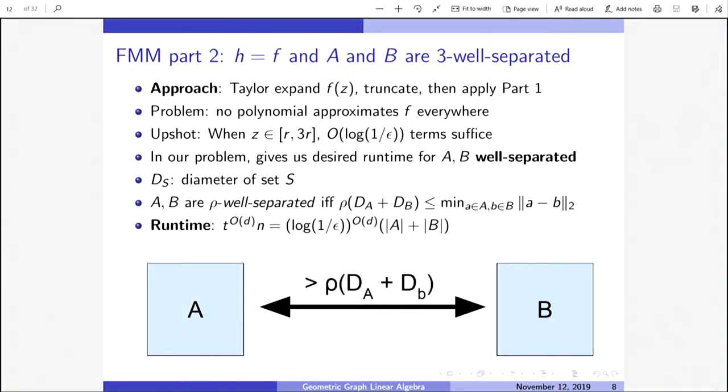Approximating f with a polynomial gives a good enough approximation. If this polynomial has degree log of 1 over epsilon, the runtime is log of 1 over epsilon to the d times the total size of the sets. And this is the kind of runtime that we wanted.